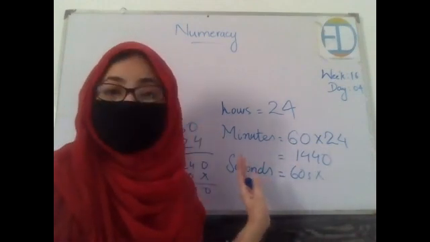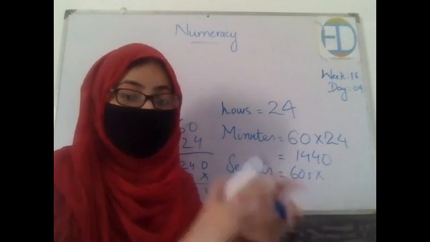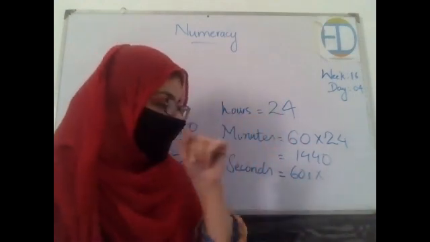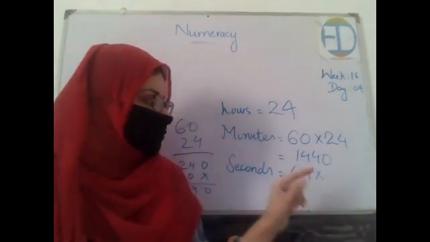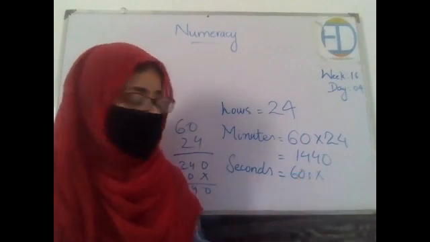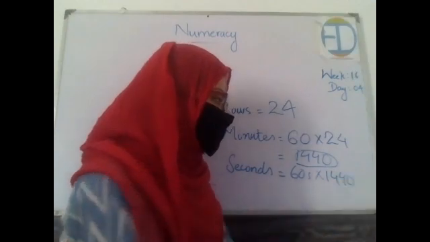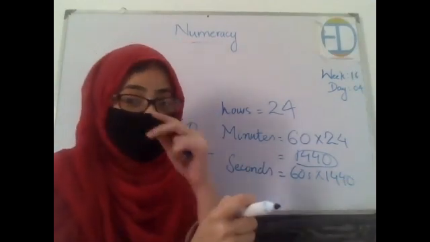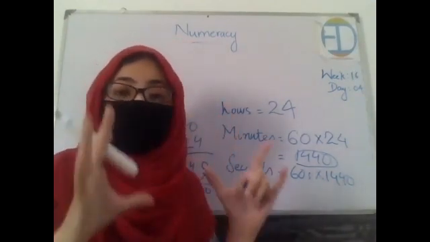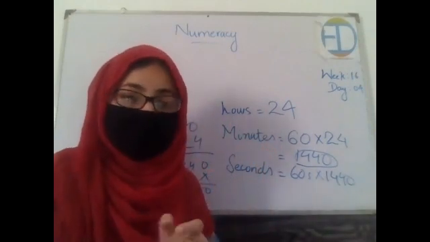Now, if we talk about the seconds, how many seconds do we have in a whole day? We will multiply 60 with this, and whatever answer we get means that we have that many seconds in a day.